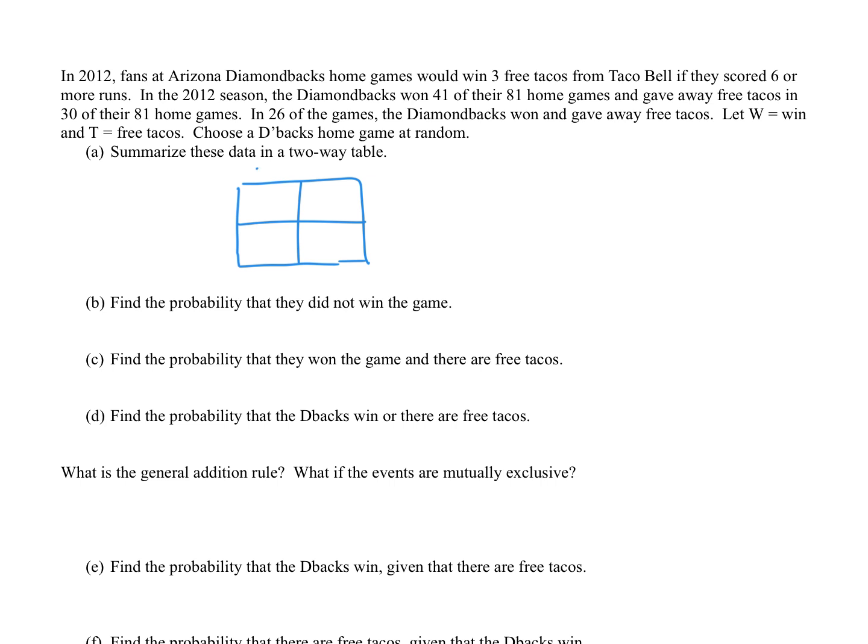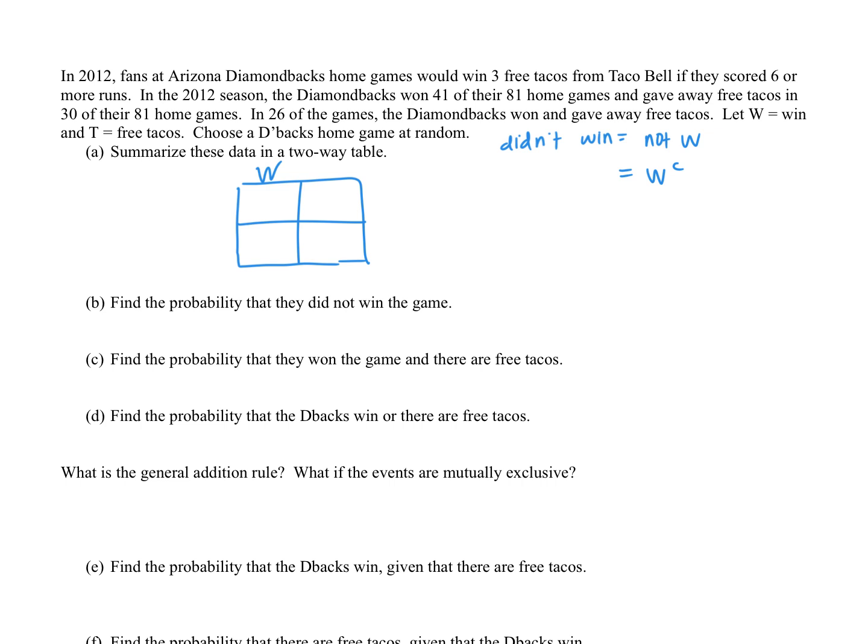Okay, so W means that they win. If they didn't win, so that's not W, but of course there's some notation for that. We're not going to write not W. The way to write not W is W with a little C. That C means complement.